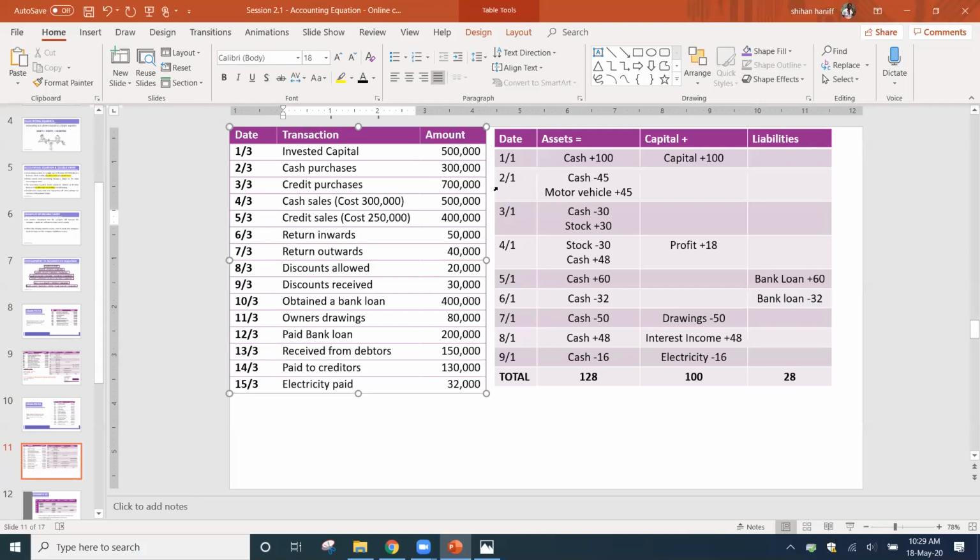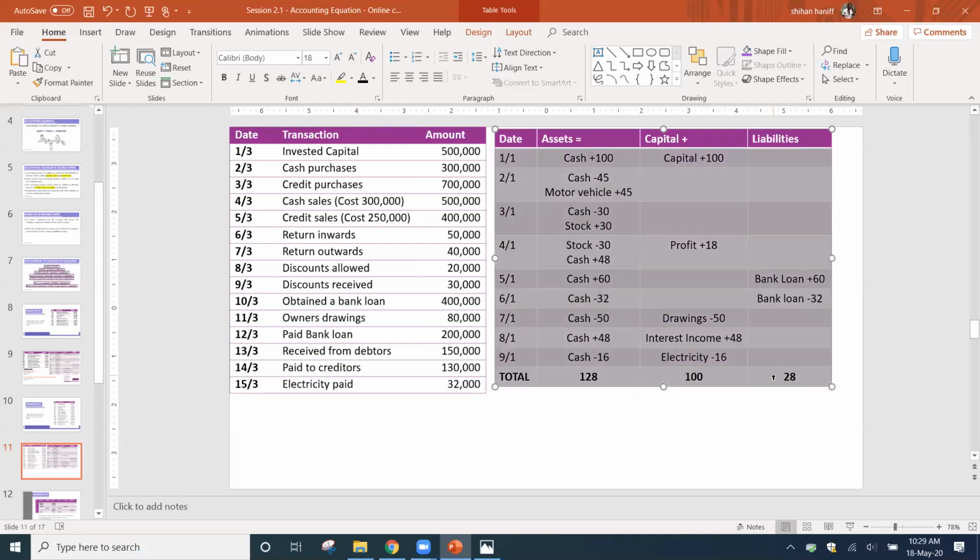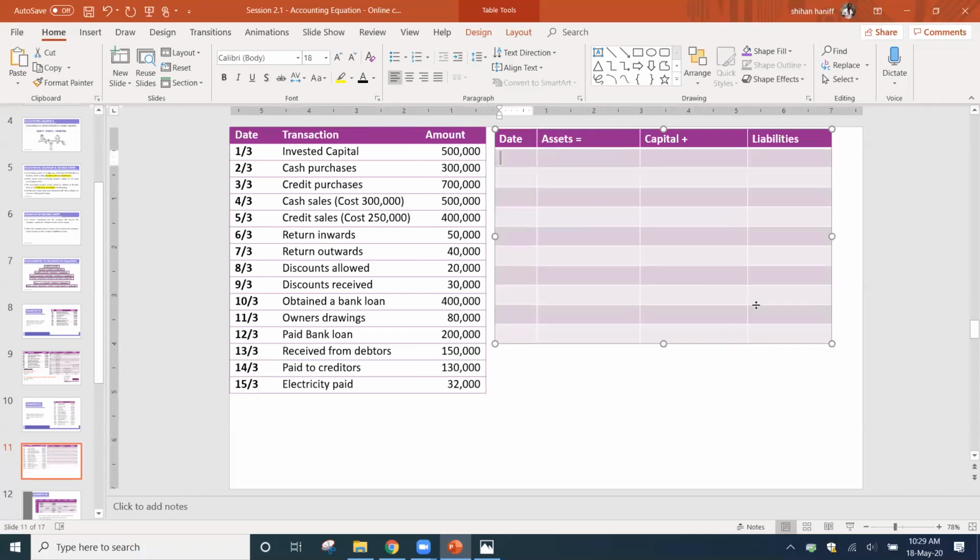Okay. So can you all do this? There are 15 transactions. Can you start doing it, guys?